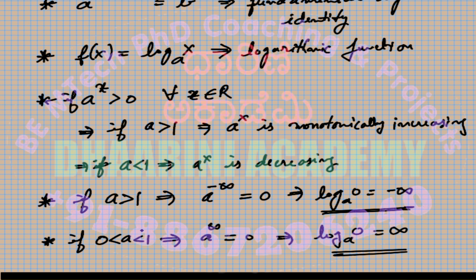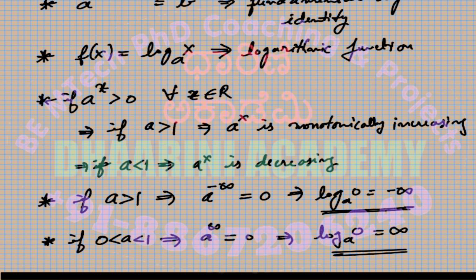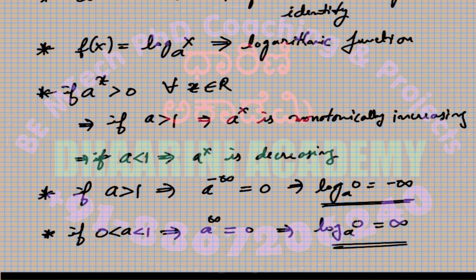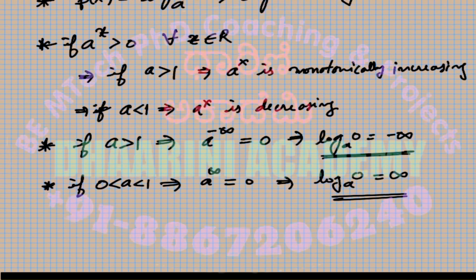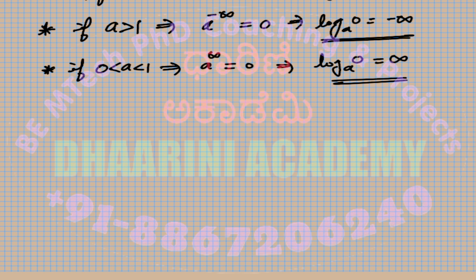So we have quite some differences coming into the picture. Log of 0 becomes plus infinity or minus infinity depending upon the value of a, what base you are considering. If the base is greater than 1, the answer is minus infinity. If the base is between 0 and 1, the answer is infinity.